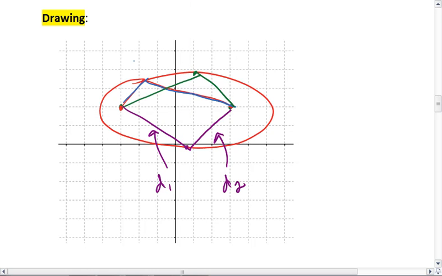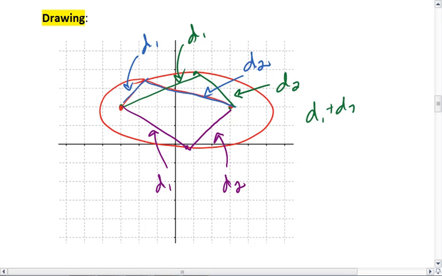Or we can say we have d1, d2, and for the green, d1, d2. So in every case, d1 plus d2 always equals d1 plus d2, which equals d1 plus d2.